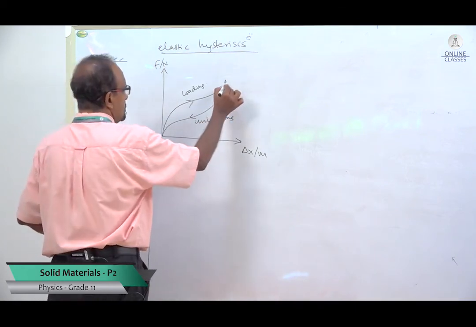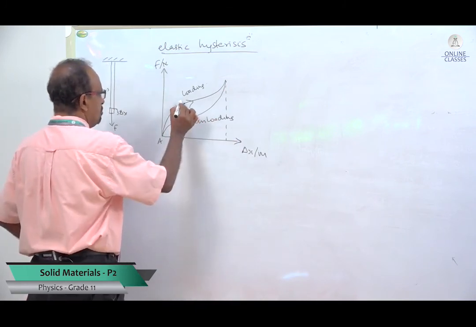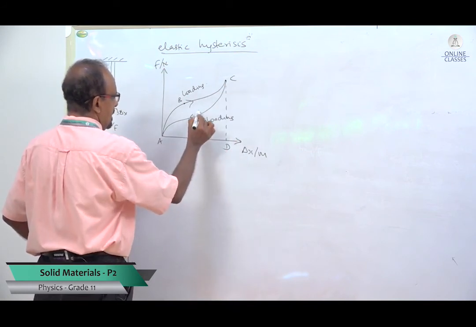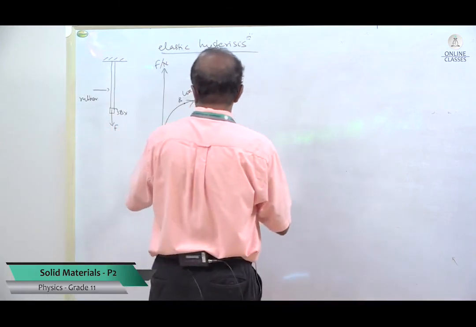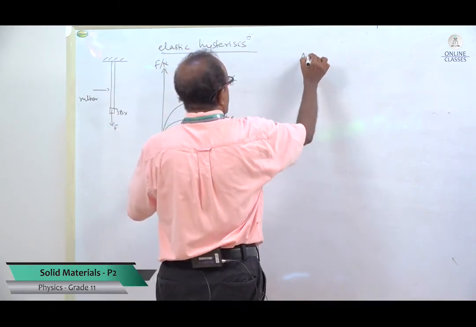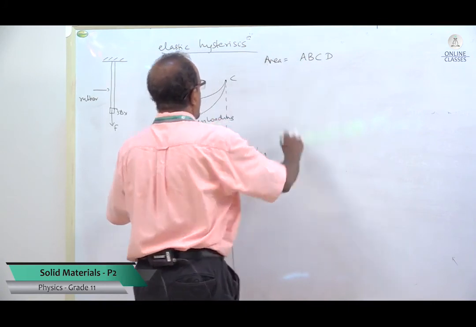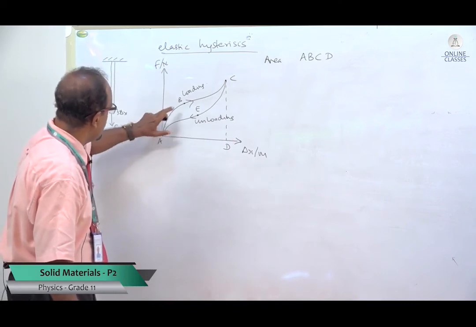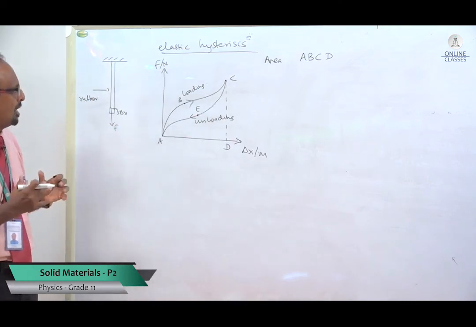I will denote these points this way: A, B, C, D, E. So what is this area ABCD? Area ABCD is the area under the graph while loading.